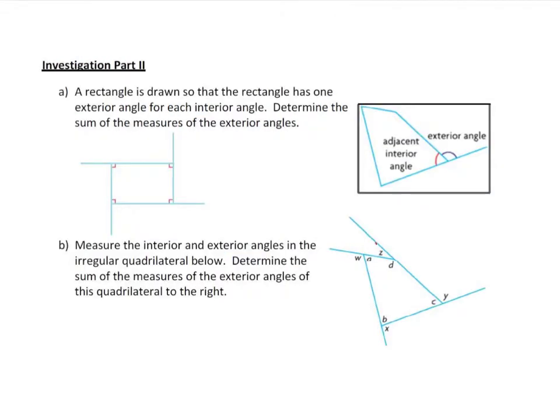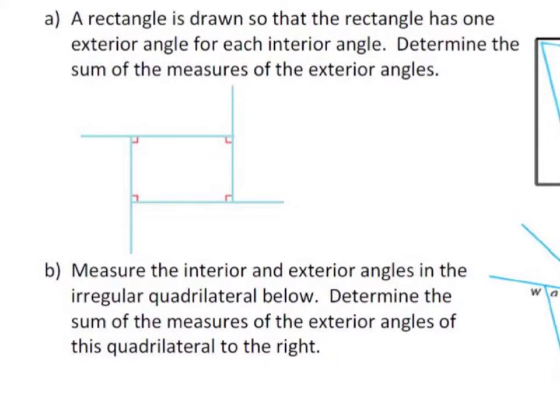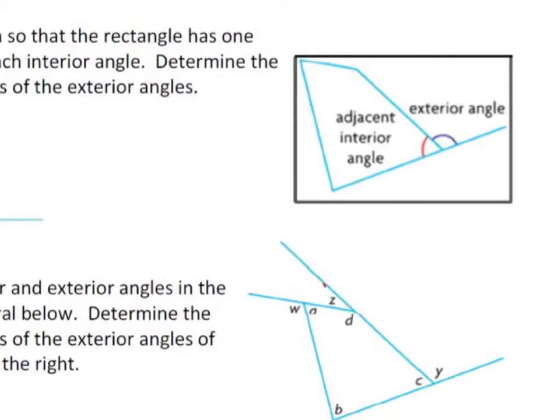Alright, let's move on to part 2. Notice here that we have a rectangle, and these little squares indicate that inside the rectangle we have four 90 degree angles. Now inside any shape we have an interior angle right there, and on the other side is what's called the exterior angle.